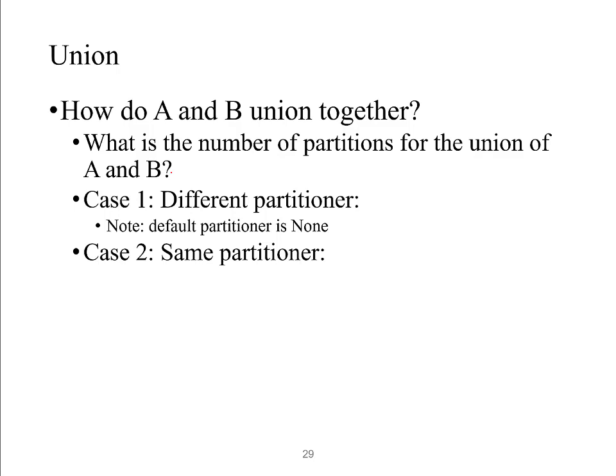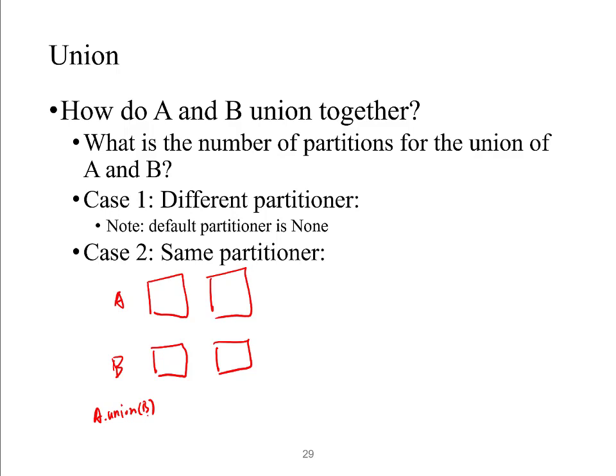Or more specifically, what is the number of partitions for the union of A and B? Let's say A contains two partitions and B contains another two partitions. For the operation, we use A union B. Now, what is the number of partitions for the union of A and B? There are two cases based on the partitioner that A and B are using.